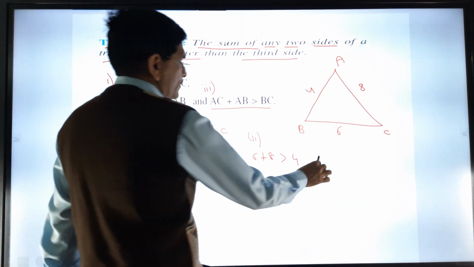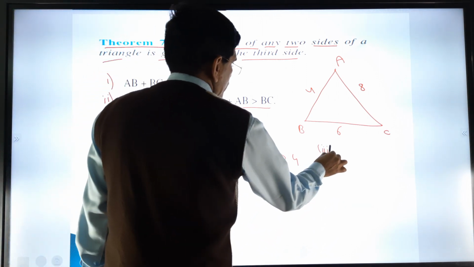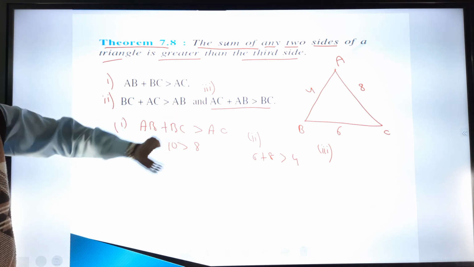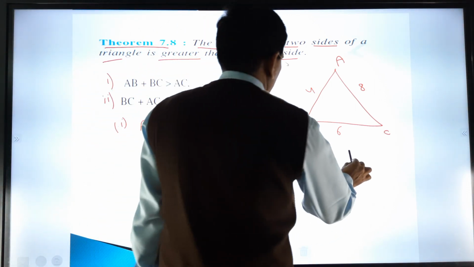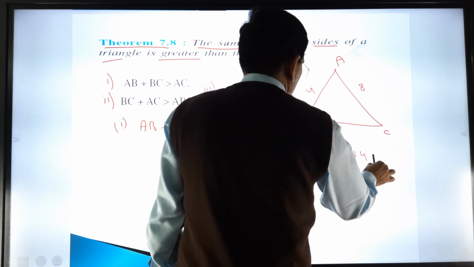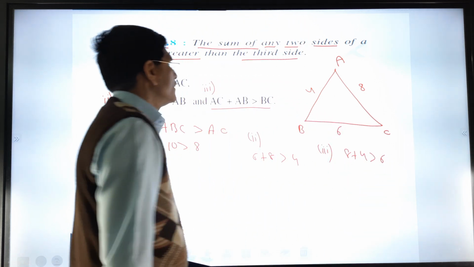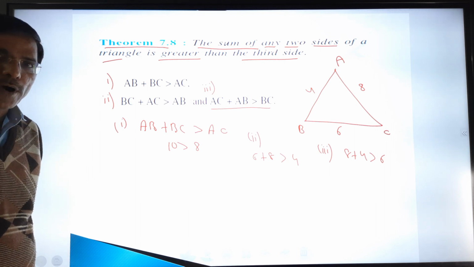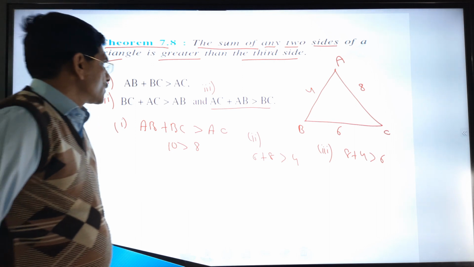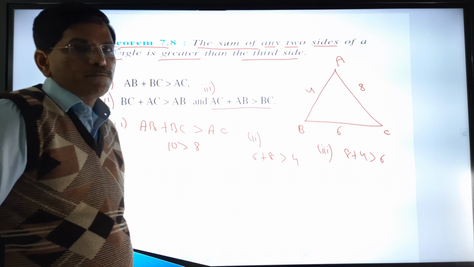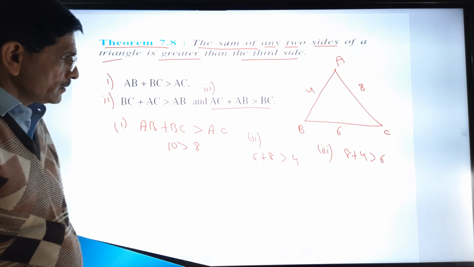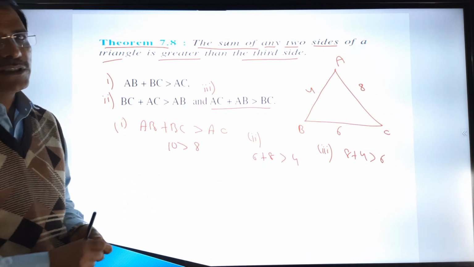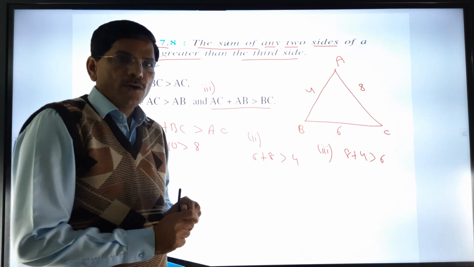And in third, AC plus AB, so 8 plus 4 is greater than 6. That is Theorem 7.8. So it is useful in many ways. So these are all the three theorems that we want to discuss in exercise 7.4.